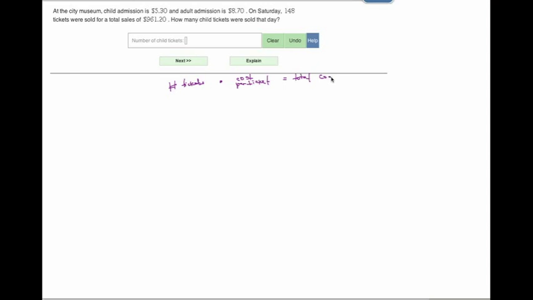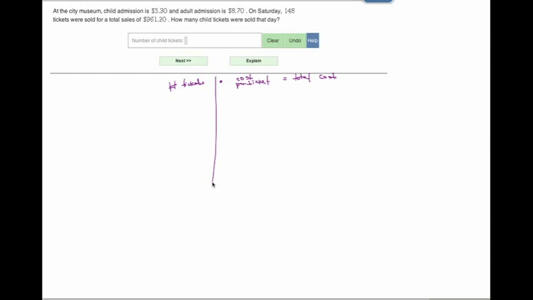So just as an example, let's say there were 10 child tickets sold. That would be the number of tickets. Each child ticket costs $5.30. That would be the cost per ticket. And we could multiply across 10 times $5.30 to find out the total cost of child tickets, which would be $53.